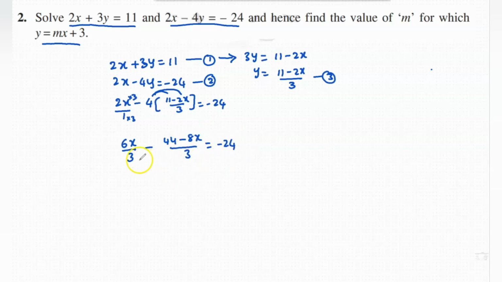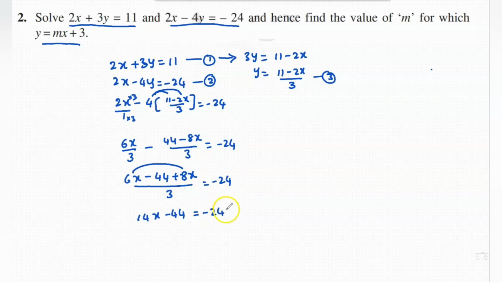Now coming to here, denominators are same, so you can write the numerators together. 6x minus 44, this minus sign with minus sign, minus 8x becomes plus 8x, by total denominator 3 equal to minus 24. Sending 3 to this side, it becomes multiplication, and you can simultaneously simplify the numerator. 6x plus 8x is 14x minus 44, and sending 3 to the other side, minus 24 into 3, which you can write as minus 72.